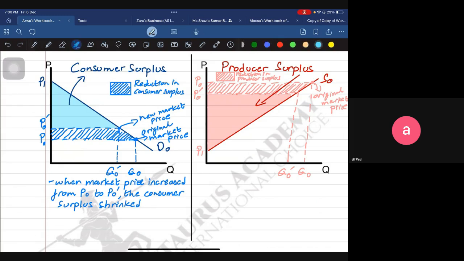So the consumer surplus shrank because of that.